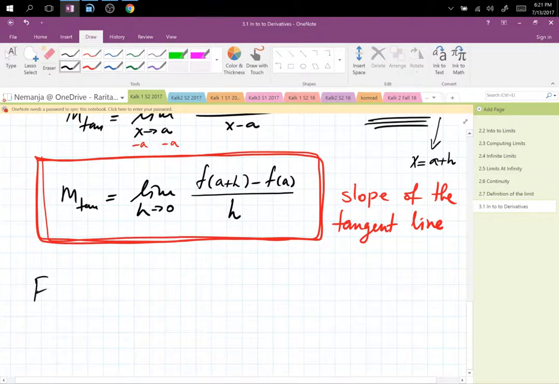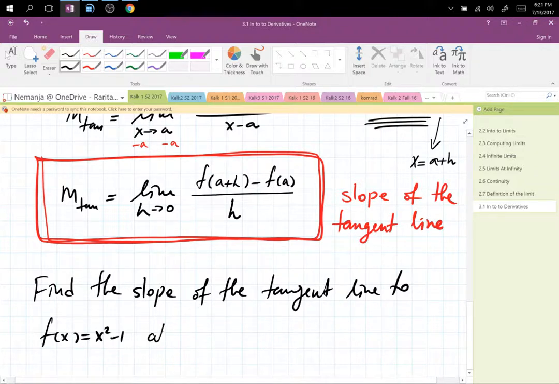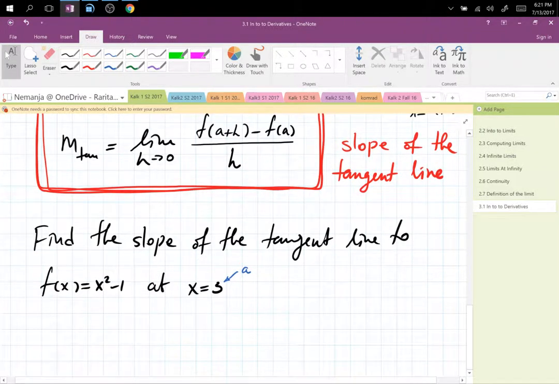So find the slope of the tangent line to the function f of x equals x squared minus 1 at x equals 3. Still, this 3 over here is your a. So what do we do?